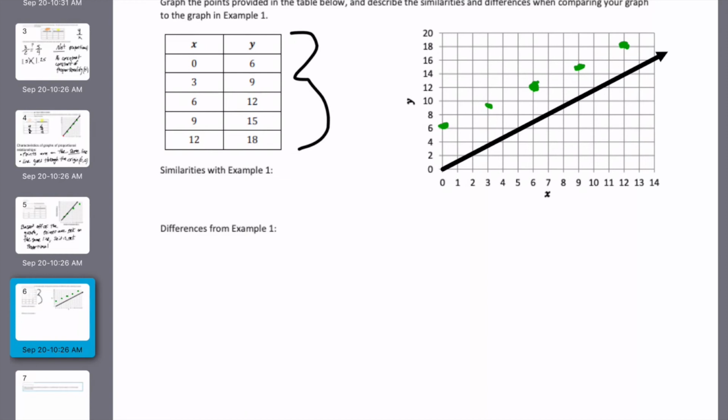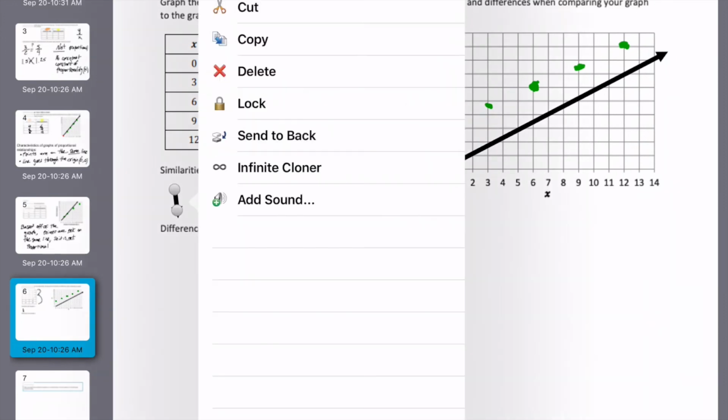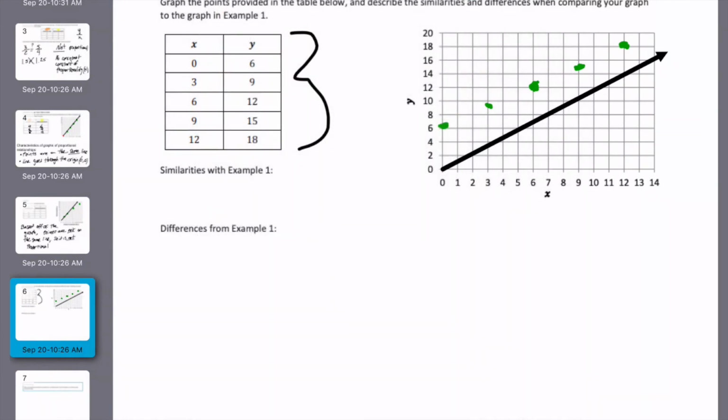It's asking for similarities to the one that I just did. Well, all of the points kind of fall in a line, close to a line. Let me write this down. They seem to make a line.